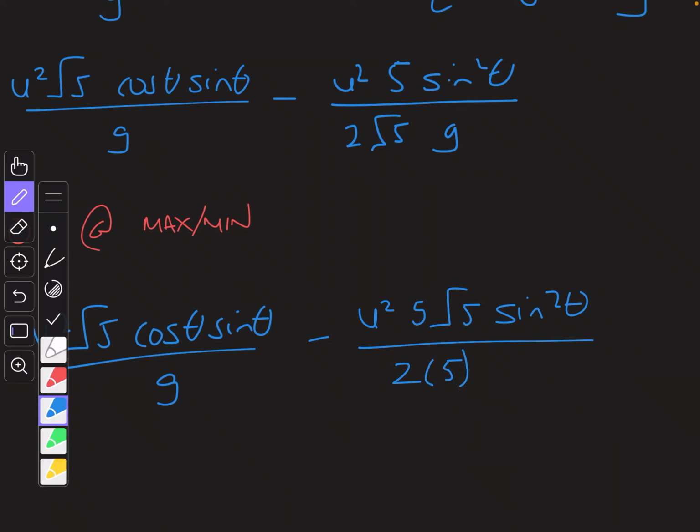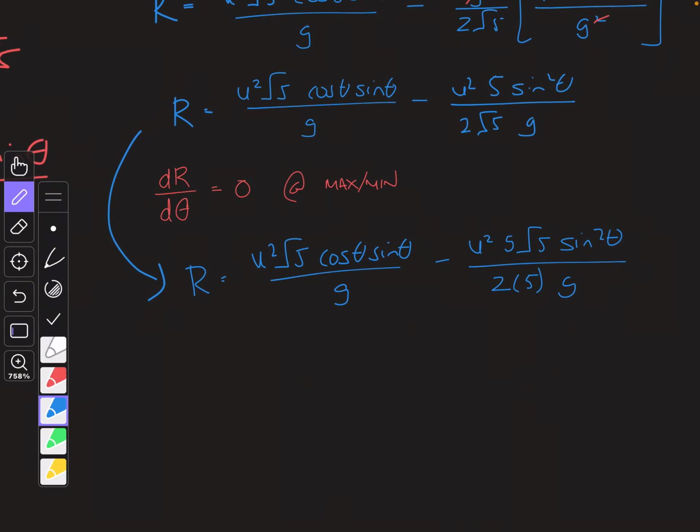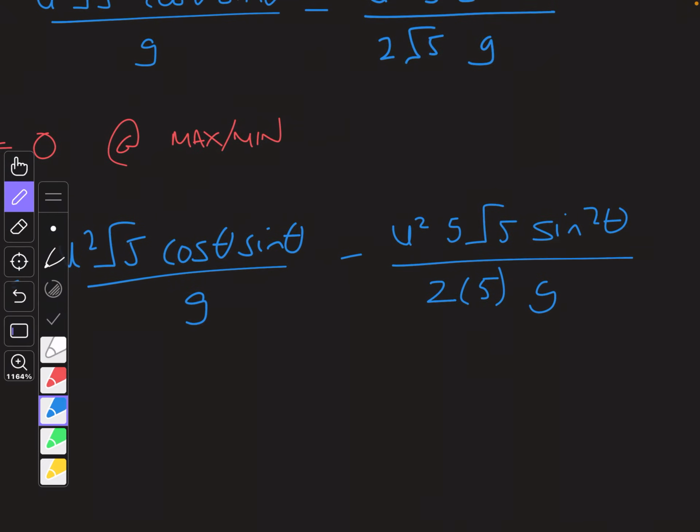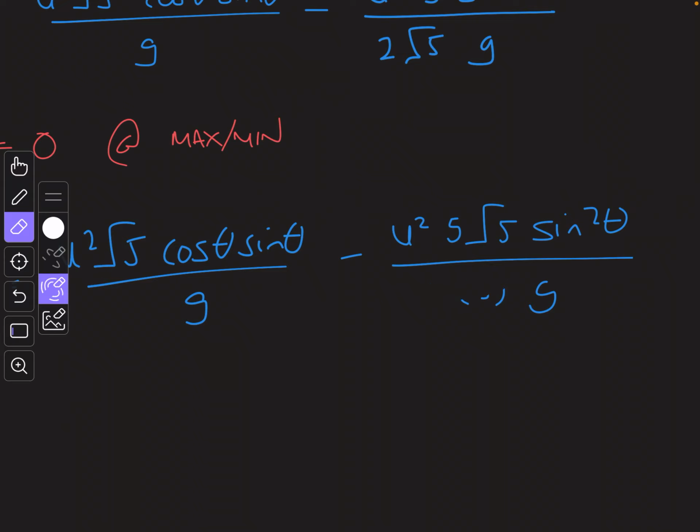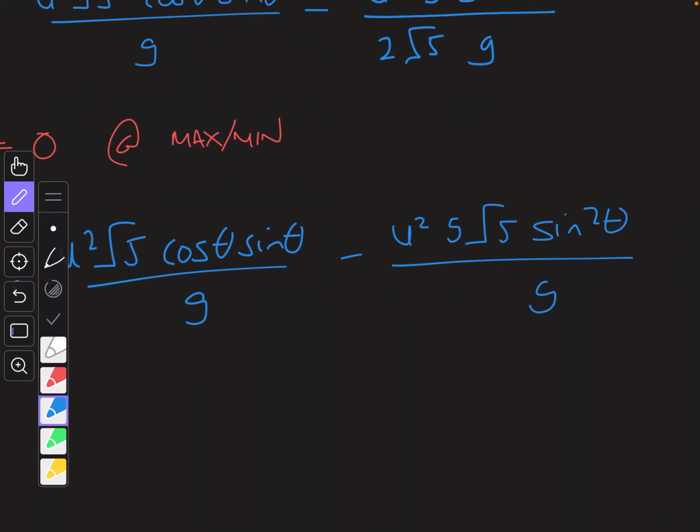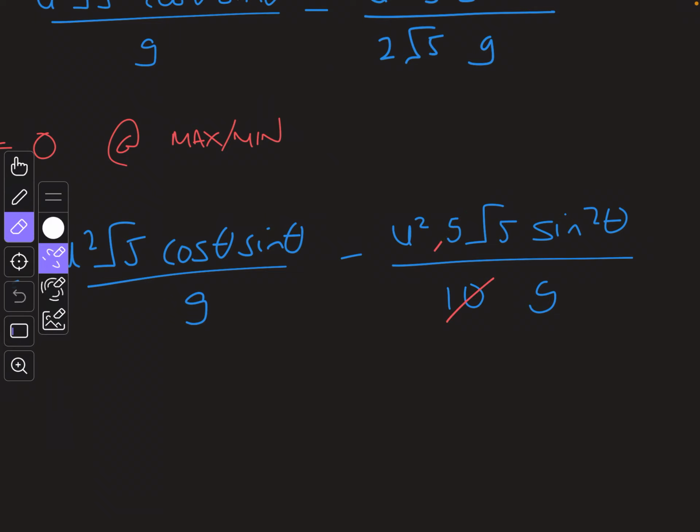So 2 times 5, g, that becomes 10g on the bottom. If that's 10g and there's a 5 on top, then these are going to cancel, and you're going to end up with 1 up here and 2 down here. So I'm just going to write that.